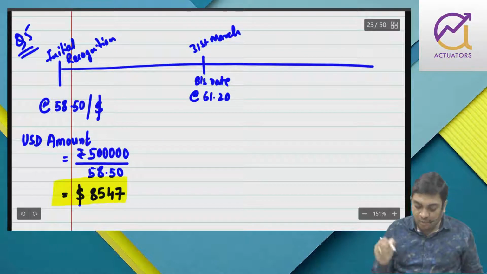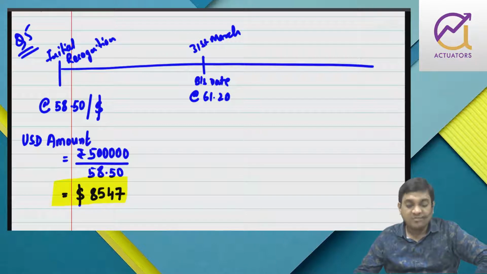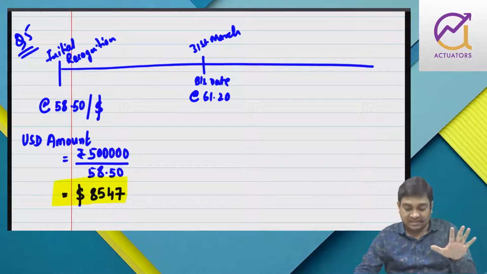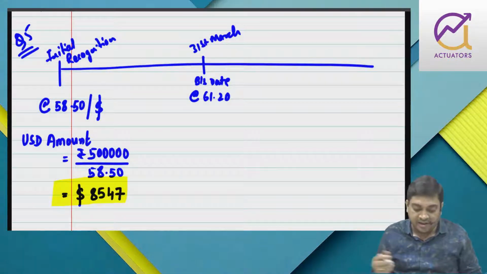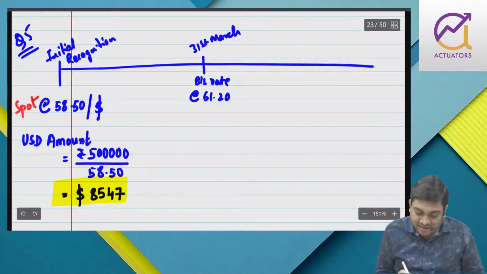I guess this is no problem. So this foreign debtor is initially recognized at 5 lakh rupees and the conversion rate was the spot rate. So you can get the dollar amount.